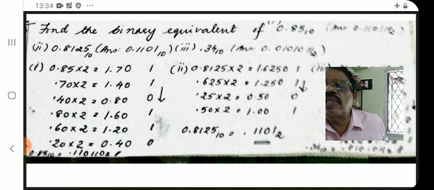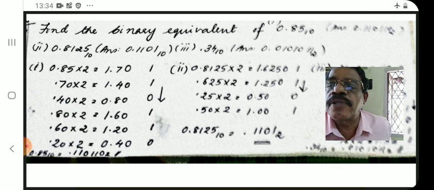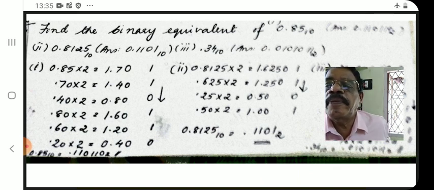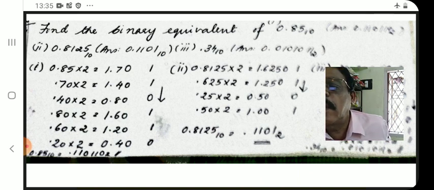For example, first question, 0.85 to the base 10. You multiply by 2 and continue the process, noting the integral parts. After a few steps, the answer is 0.1101 to the base 2. Similarly, next question, 0.8125.